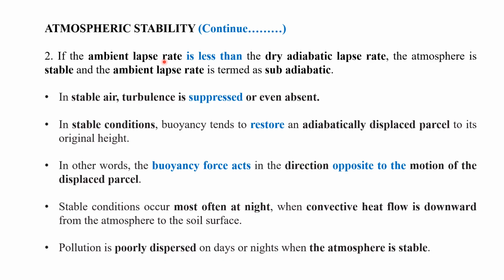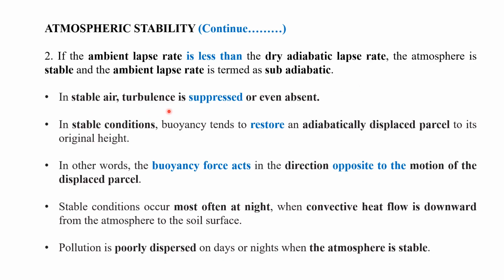Whether the atmosphere is unstable, stable, or neutral depends upon these two things. The second condition: if the ambient lapse rate is less than the dry adiabatic lapse rate, the atmosphere is stable, and the ambient lapse rate in this case is called subadiabatic.